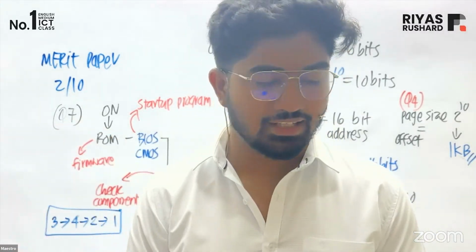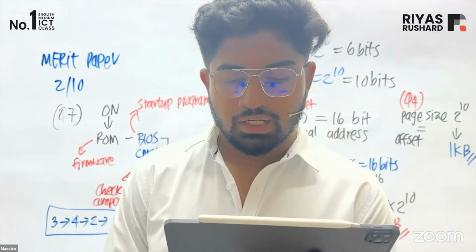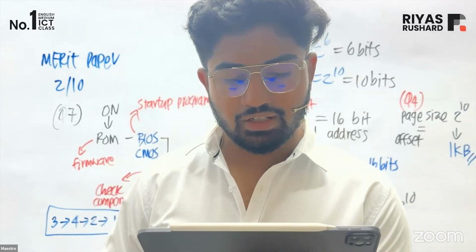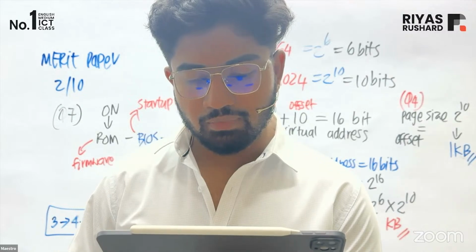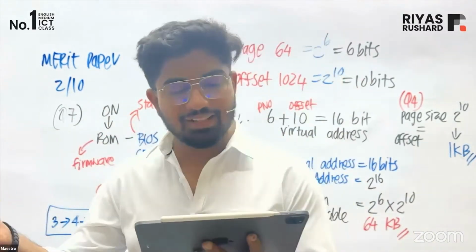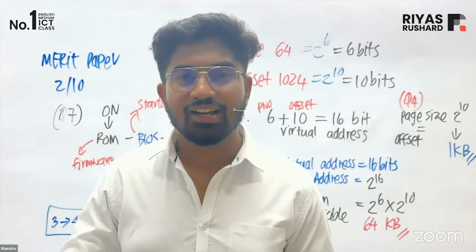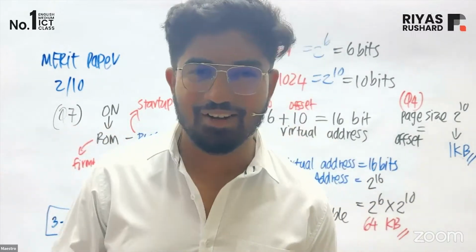So I'll give you the answer in there. Why can't the BIOS configuration information be stored on a ROM chip instead of CMOS? Sorry. CMOS is a volatile memory which requires power to hold the data, whereas ROM is a non-volatile memory.